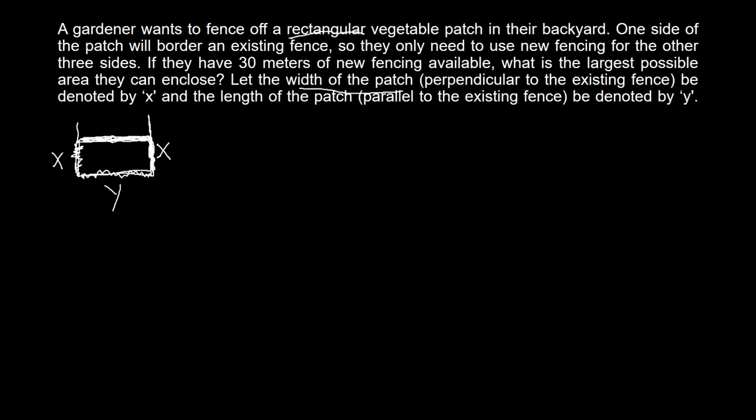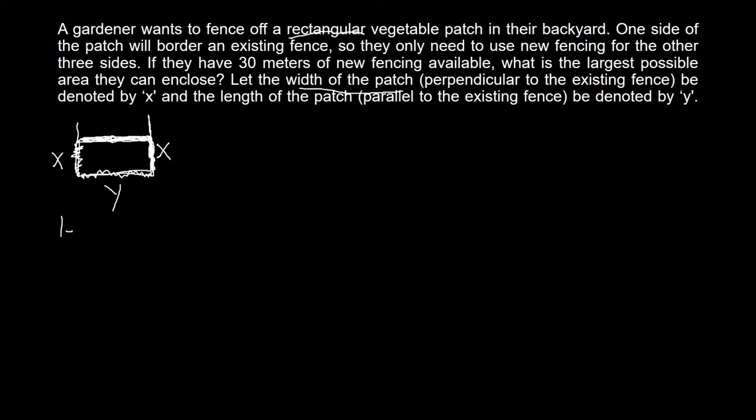So based on that information, we are going to solve the problem. What the problem wanted us to do is to know what is the largest possible area the gardener can enclose. So meaning to say, we are trying to maximize our area.